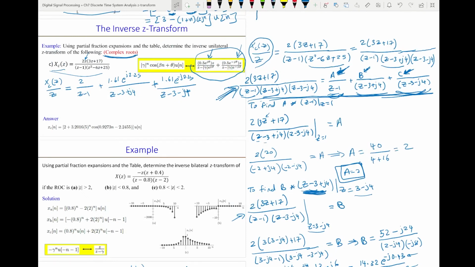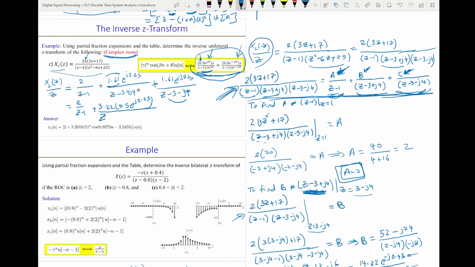Okay, still have to do something because if I need to use this item in the table, this quantity here and this quantity here have to be expressed in polar form, which is not a problem. This will be 2 over z minus 1 plus here I have to have the 0.5. So I can multiply this by 2 and by 0.5. So if I multiply this by 2, it will be 3.22 e to the j 2.25. If I multiply 0.5 times this, I will get the 1.61 z.